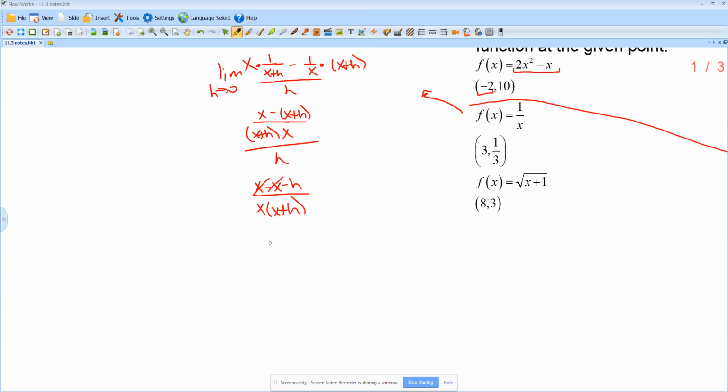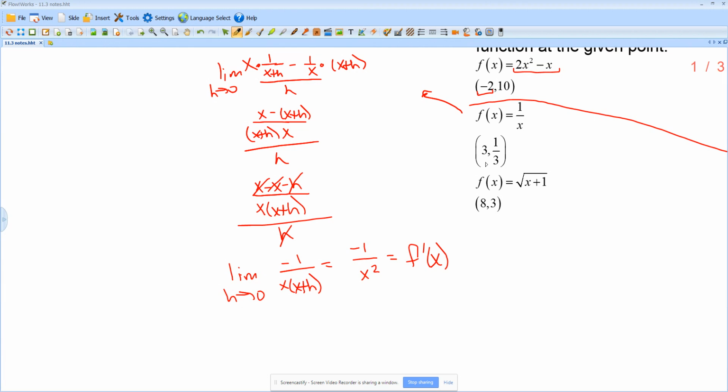So my x minus x cancels. This is all still over h, and now my h over h will cancel. So this becomes the limit as h approaches 0 of negative 1 over x times (x plus h). Now if I evaluate this at h being 0, that gives me negative 1 over x squared. This again is my derivative function.